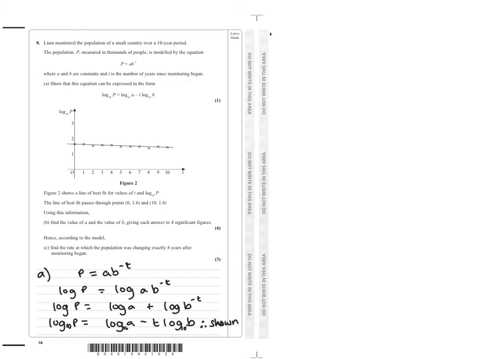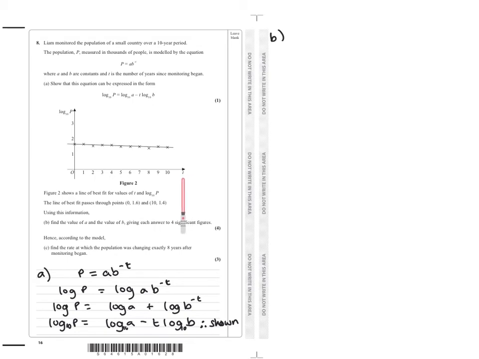Right then, part B. Figure 2 shows a line of best fit for values of t and log P. Okay, now you can clearly see here that log P is where our y-axis is. So what is log P? Y. What is t? Our x.